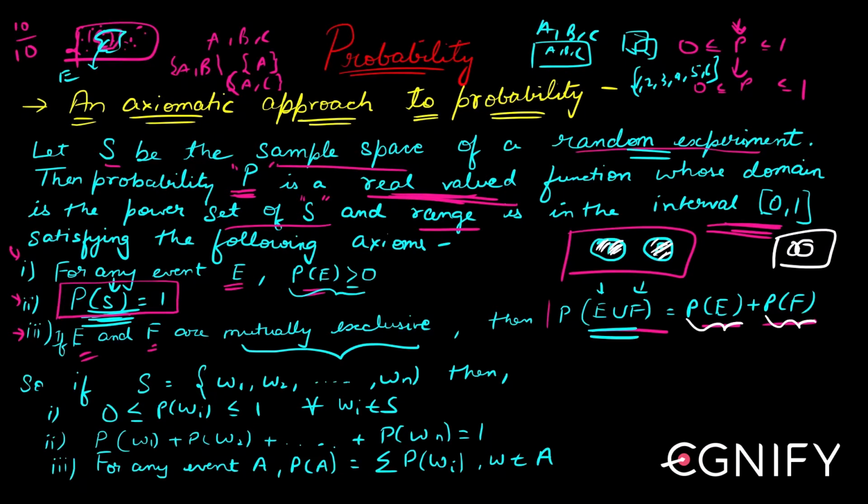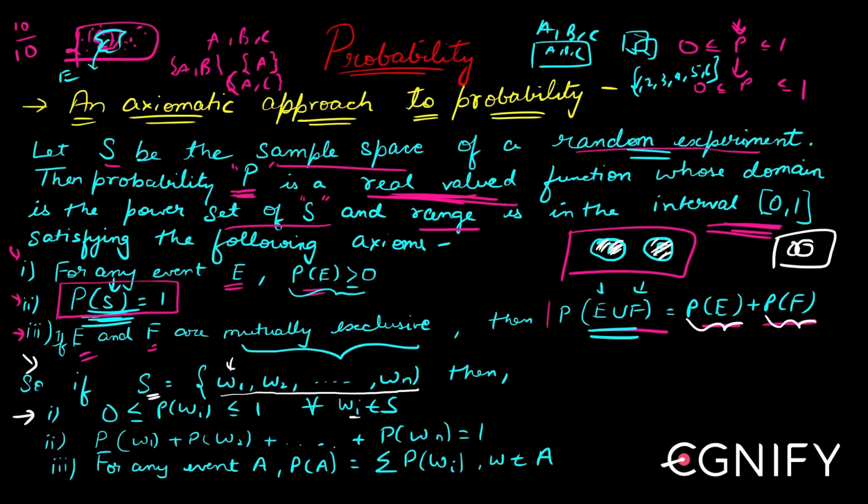Now, from these three axioms, what can be followed is basically these results. So if your sample space is a combination of these events or outcomes, W1, W2, W3, so on up to Wn, then the first thing is probability of any of these.